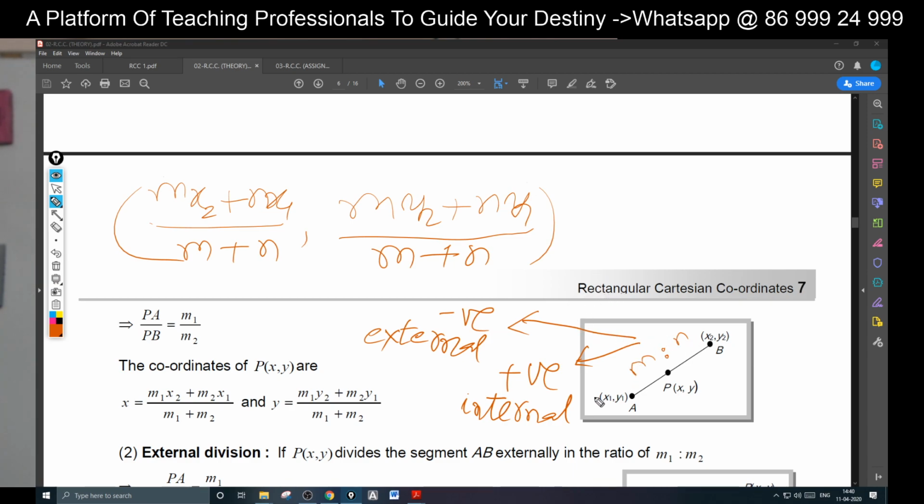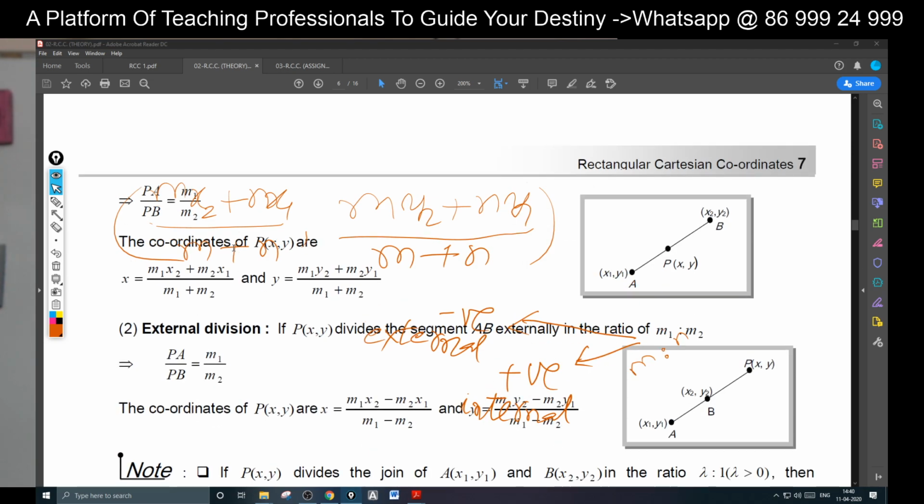If it is internal, then the ratio m is to n is seen to be positive. If the point is external, then m is to n is seen to be negative. That's all. In the formula, it is automatically applied. In your lower classes, the teachers might have given one formula for internal division and another formula for external division.